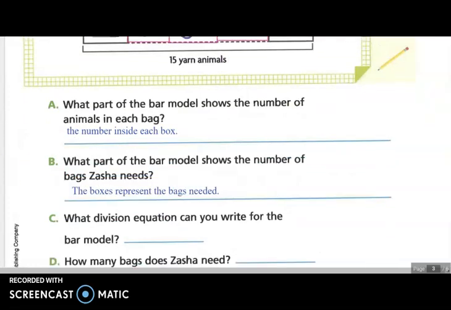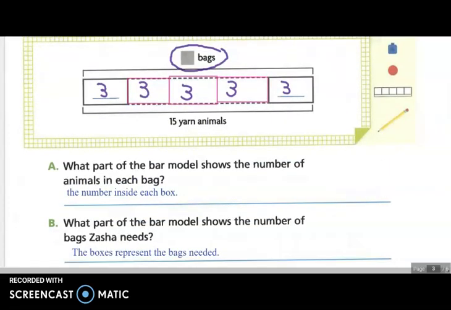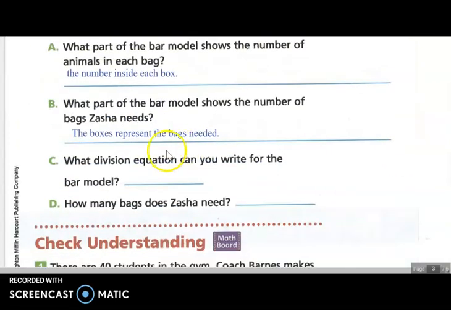All right, what division equation can we write? What are we going to start with? What's our big number? And we're going to divide it into how many equal groups? 5. And then our quotient would be how many groups there are, how much there is in each group. So 15 is our dividend.